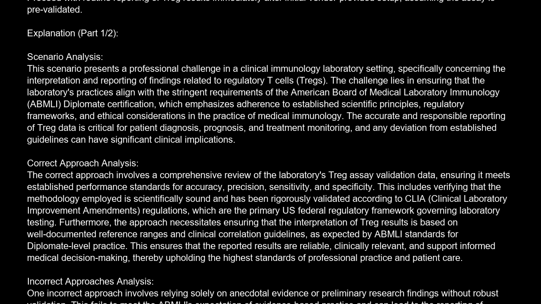Incorrect approaches analysis. One incorrect approach involves relying solely on anecdotal evidence or preliminary research findings without robust validation. This fails to meet the ABMLI expectation of evidence-based practice and can lead to the reporting of inaccurate or misleading data, violating CLIA requirements for test validation and potentially compromising patient safety.